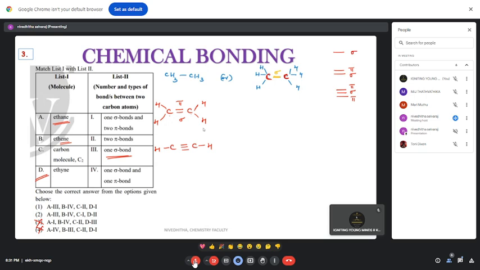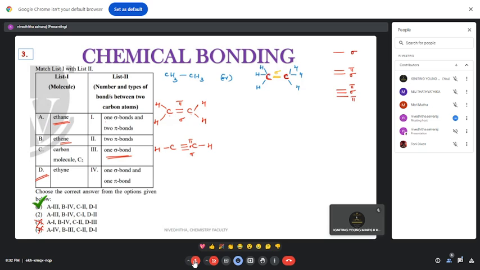So which will be the right option for D? In a triple bond, one is sigma and the rest of the bonds are pi. So for D, which is the match? Option 1, ma'am. That's it. So for D, this is 1. So obviously the answer is option A.